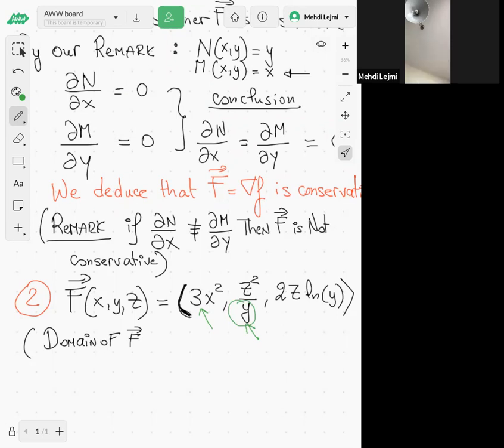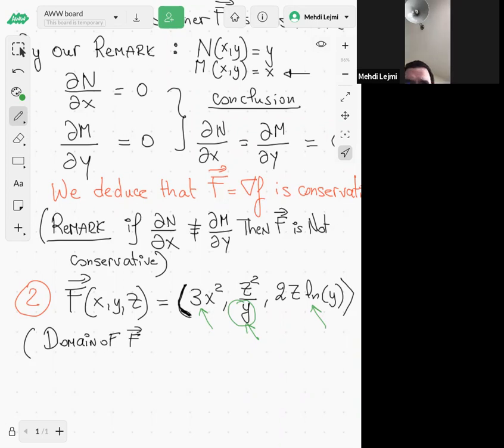So y has to be different from 0. And in the third component, we have natural log of y, and as you know, natural log is defined for positive real numbers, so y has to be a positive number.